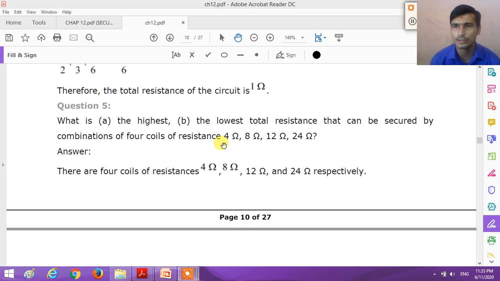So dear students, you know that when all the resistors are connected in series, the value of total resistance is larger than the largest resistance.